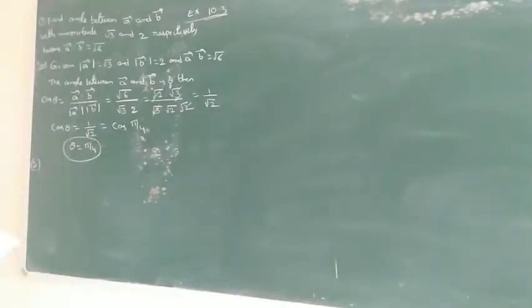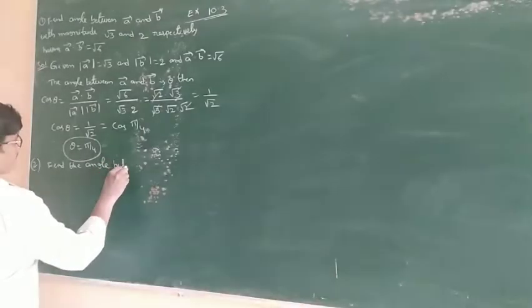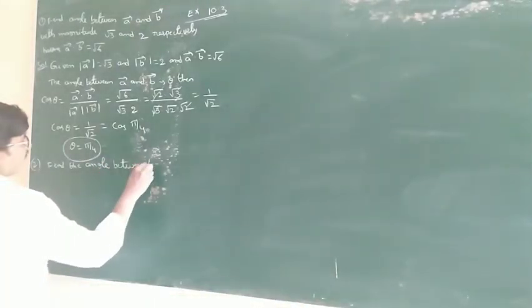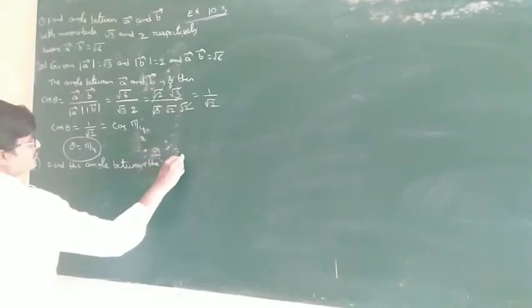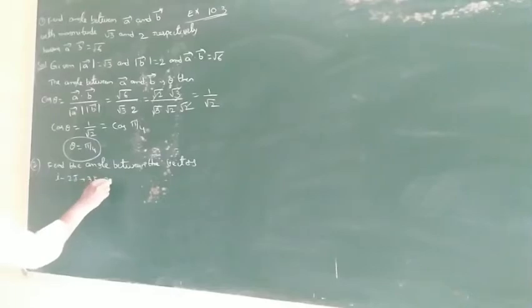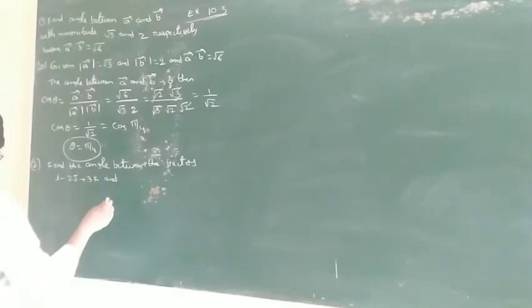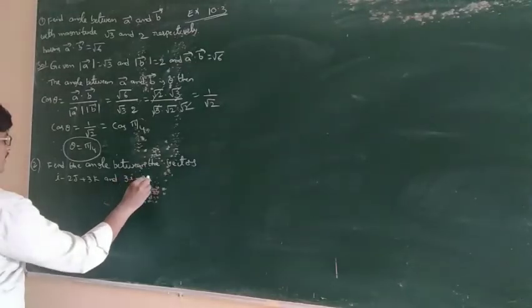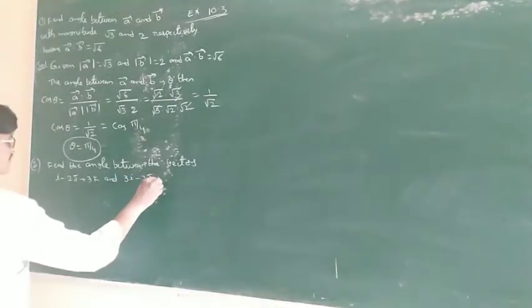Very, very important questions. Next, find the angle between the vectors i minus 2j plus 3k and 3i minus 2j plus k.